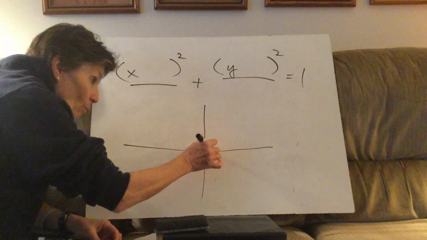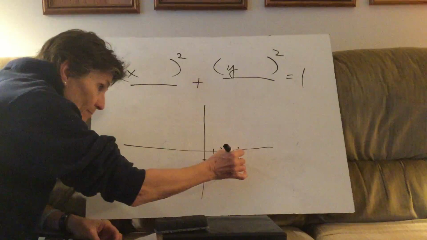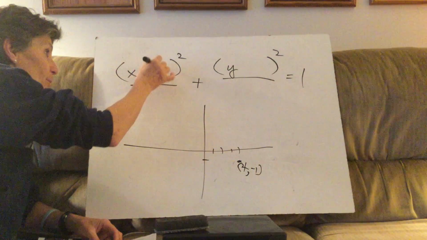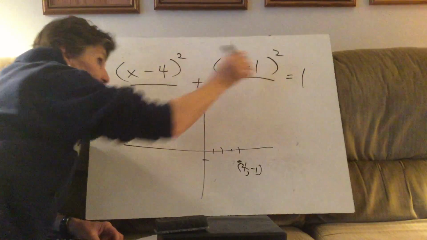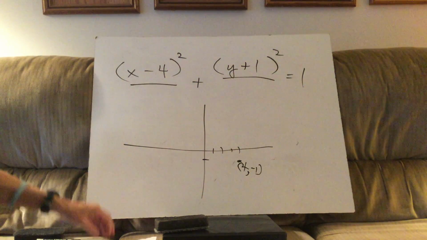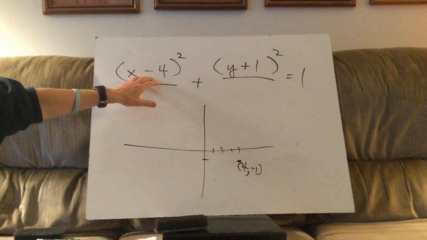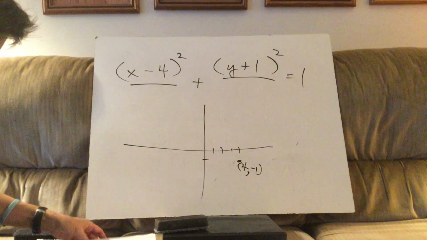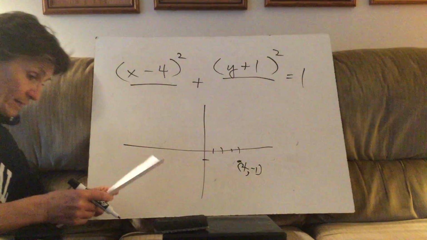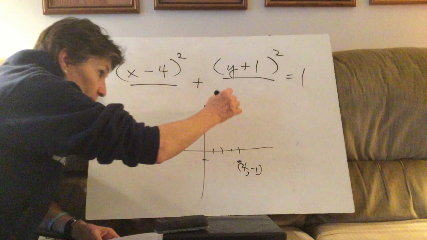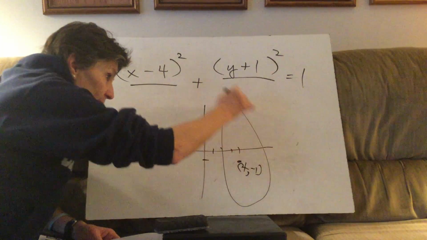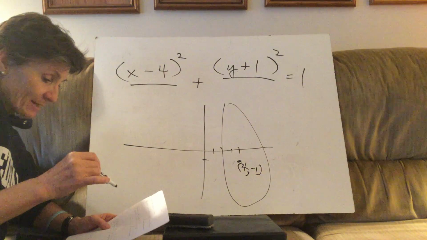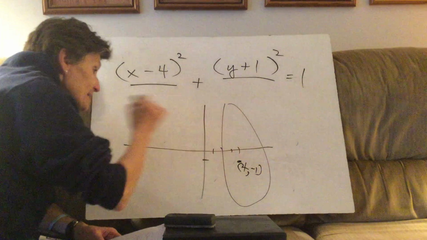I have a center at 4, negative 1. Well, that's good to know because I can come right up and put that in right now. If my center is 4, negative 1, then I know I have x minus 4 and y plus 1. That part's easy. Now, what do I know? It's stretched vertically, so I'm just going to freehand it in here. It's stretched vertically. The major axis has a length of 16.